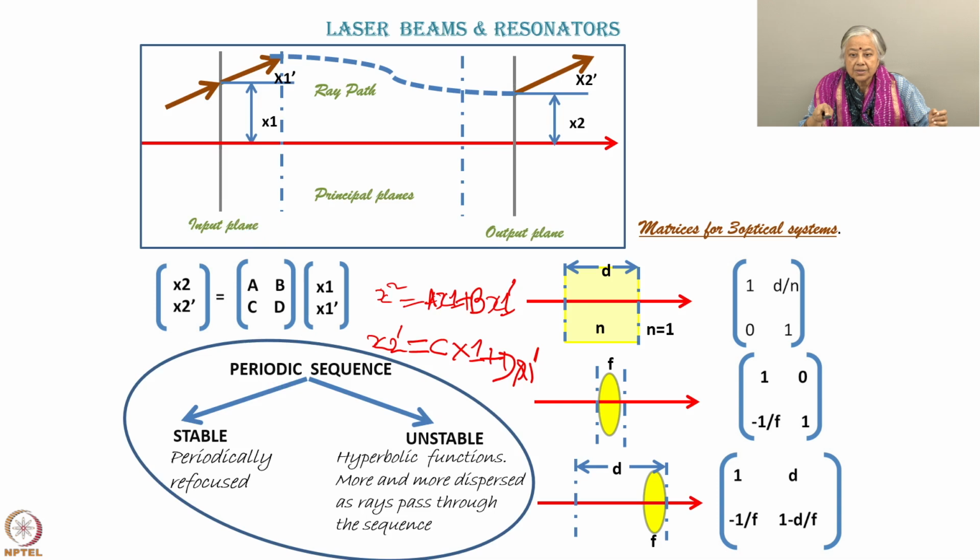So, as an example, I have just given matrices for 3 optical systems. One is, say, between these two dashed lines. I have a medium which has a refractive index n. Specifically, I take n is equal to 1, it is just air. You could put some other medium with n equal to 1.5 or something like that.